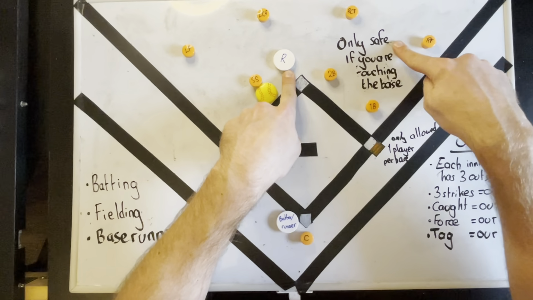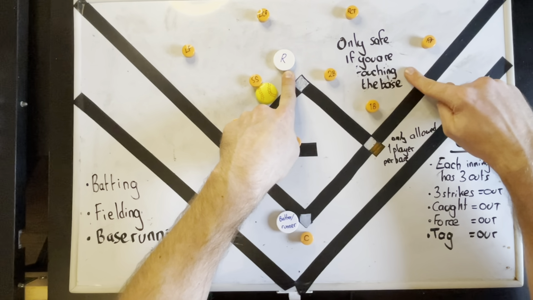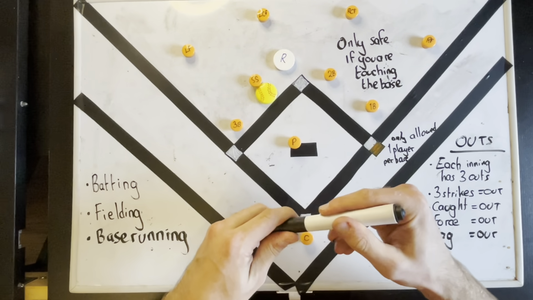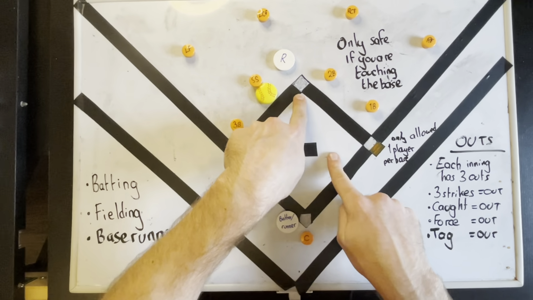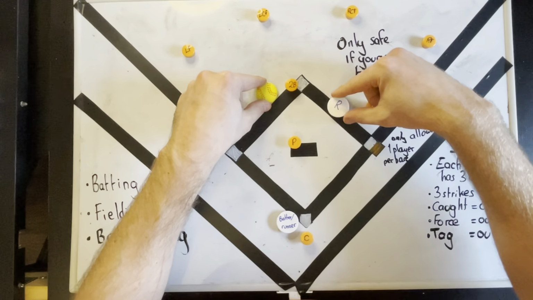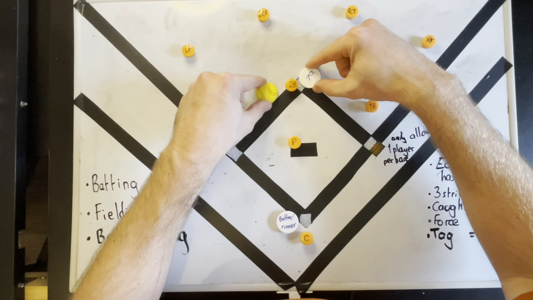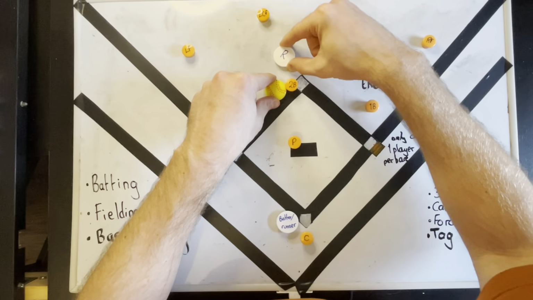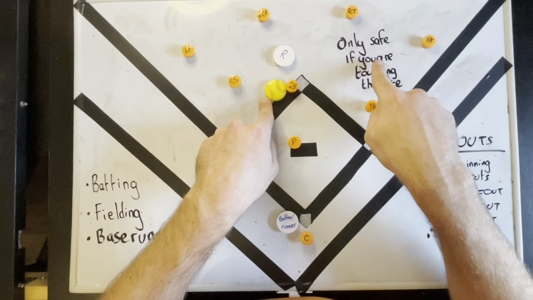Now, since I am only safe if I am touching the base, if I run over the base and my momentum takes me over the base, I'm no longer touching it. So if this is a very, very close play and the runner comes along, wins the race to the base, the ball comes in, but you keep going, now you're no longer safe.